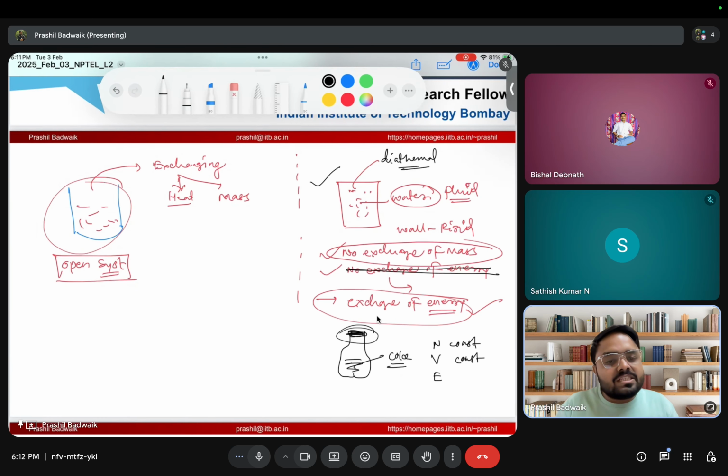So if it is exchanging the energy and if it is coming to equilibrium, what is something that is constant that we know from the zeroth law? It is the temperature. When I exchange the energy, there will be constant temperature between these two systems, right? So in that case, energy is changing, and that's why temperature is constant.